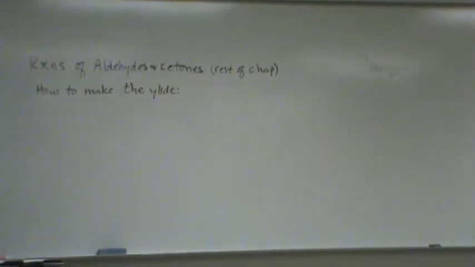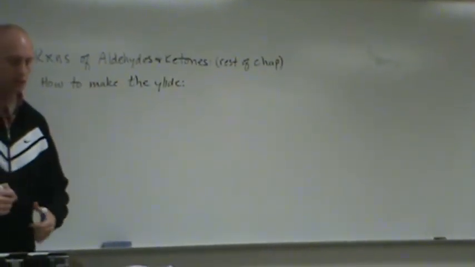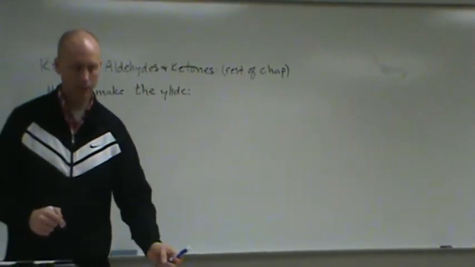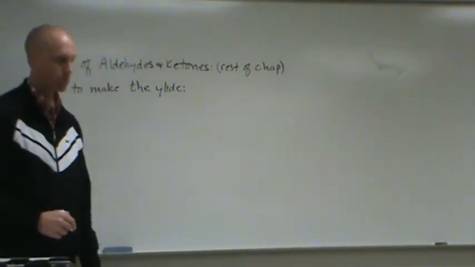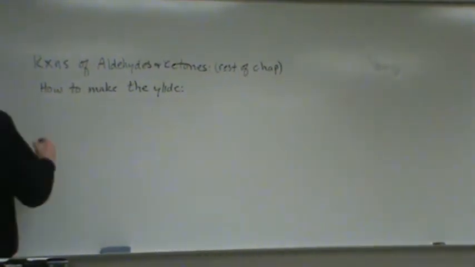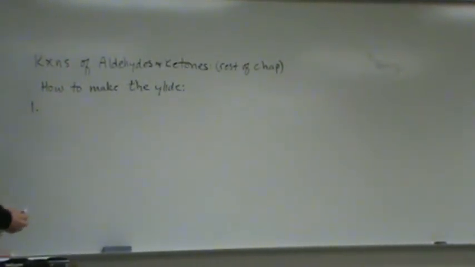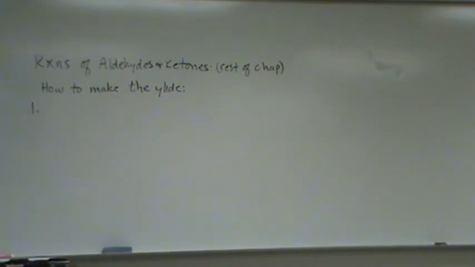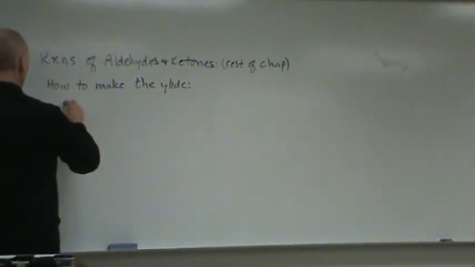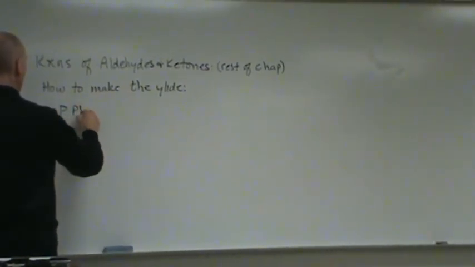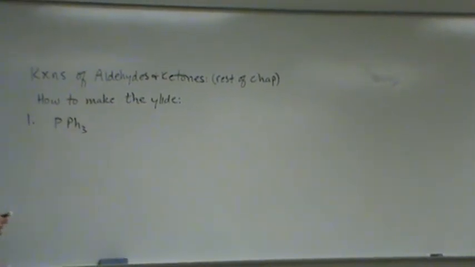Let's call this section how to make the ylide. Well, there's two steps, two reactions involved to make the ylide. Let's look at step number one. We take our phosphorus compound.